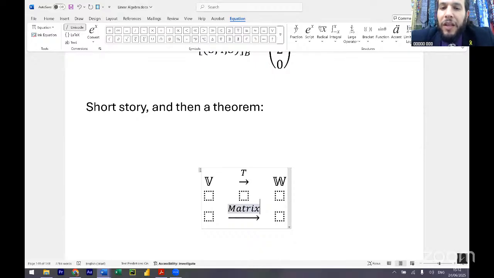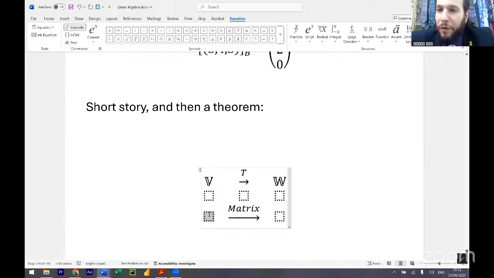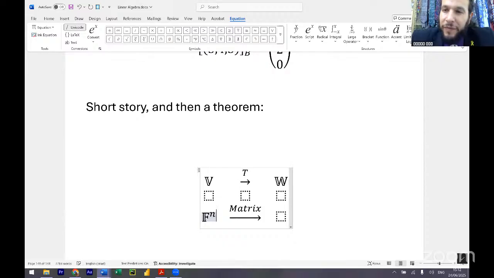Okay. What will I multiply the matrix with? V. But what is V? What type of vector is it? Any. It's n, it's a sequence of n coordinates, right?